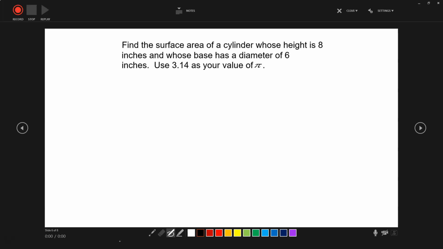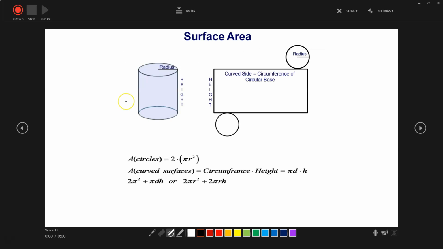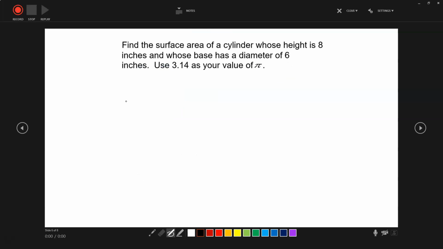Okay, so let's go to step 1. The circles. We know that the area of the circles is 2 times pi times r squared. So what do we have for a radius? It doesn't give us a radius, does it? It gives us a diameter, which is 6 inches.